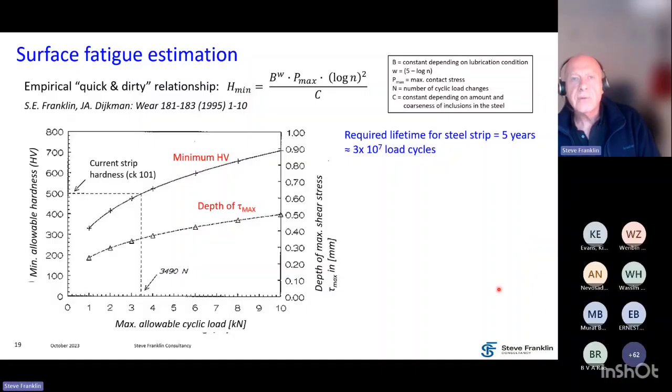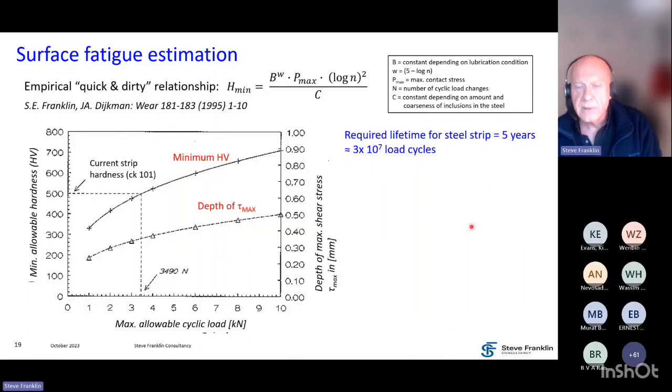Quite often, if you really want a very quick and dirty estimate of whether or not it's going to be a problem, and I should say only for steels in this case, then you can use this formula here, and this was also published some time ago by myself and my colleague Joshua Dijkman at the time.